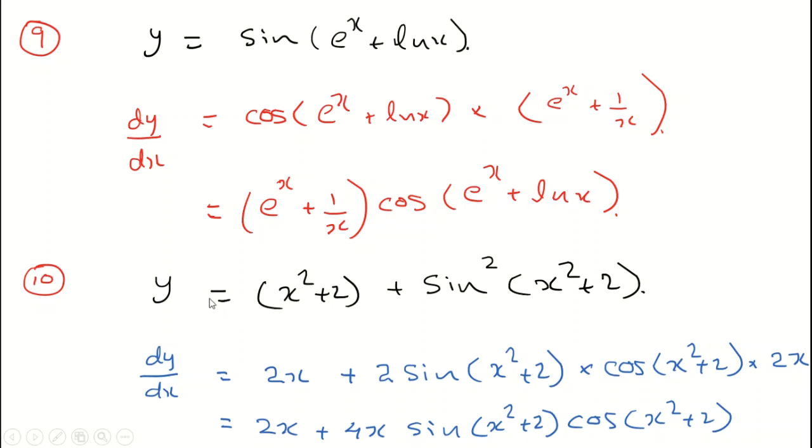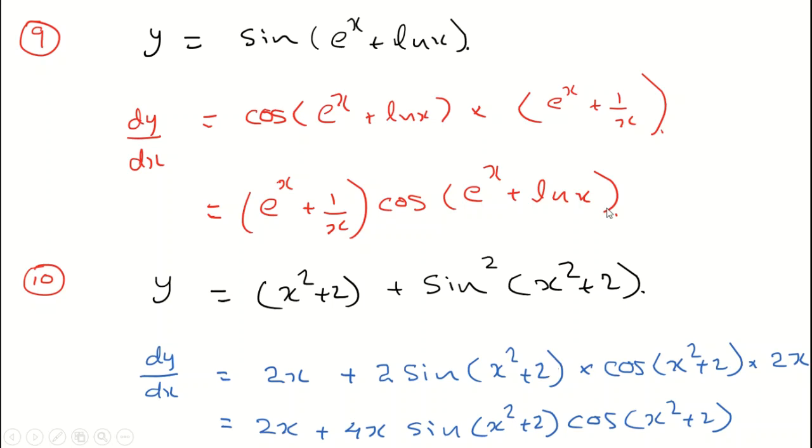Y equals x squared plus 2 plus sin squared of x squared plus 2. When you differentiate this, it is 2x. When you differentiate this, 2 sin of x squared plus 2 into cos of x squared plus 2 into, when you differentiate x squared plus 2, it is 2x. So 2x into 4 sin of x squared plus 2 cos of x squared plus 2.